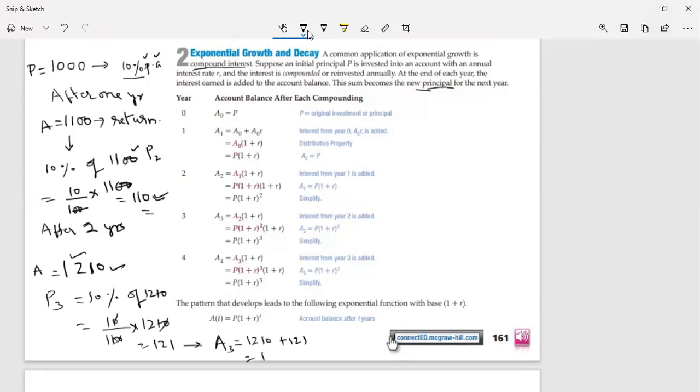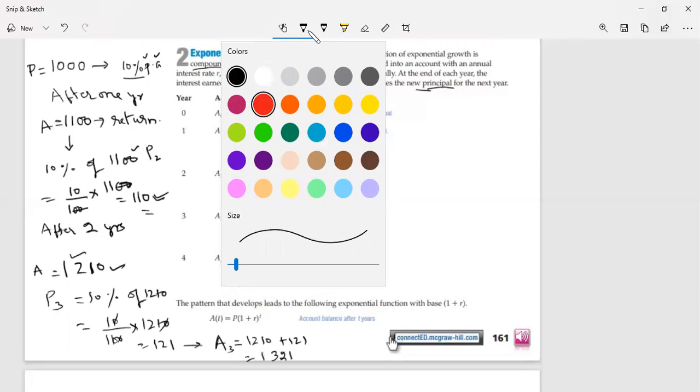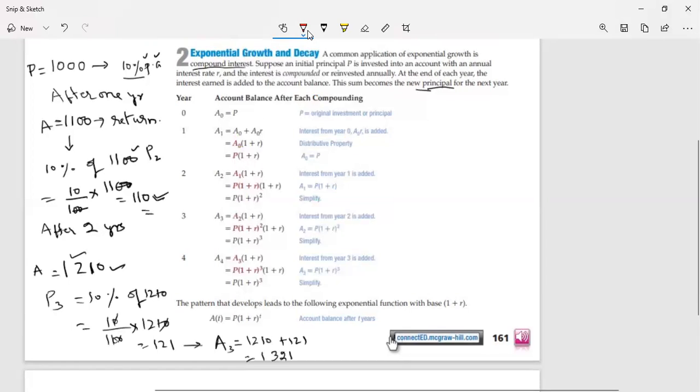It will become 1,331 rupees. So what we have concluded here is that every year it is exponentially increasing. What is increasing? Interest.